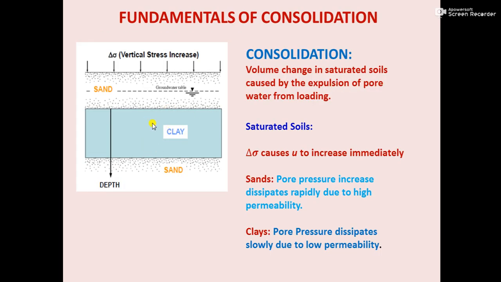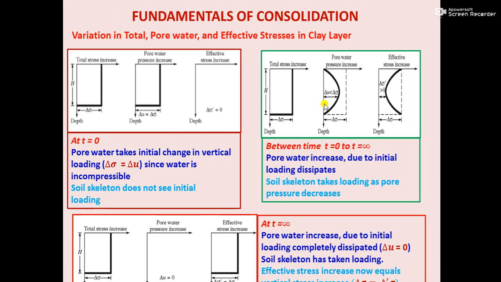That means what is happening? This clay layer, initially this delta sigma was completely taken by the water present in this clay. Later what is happening? This delta u is just going away. That means a portion of this delta sigma part will be taken up by the soil mass.